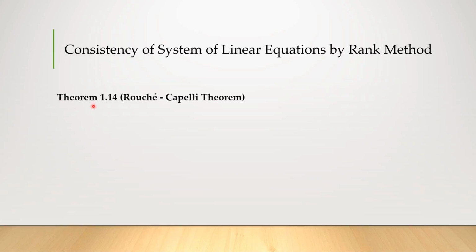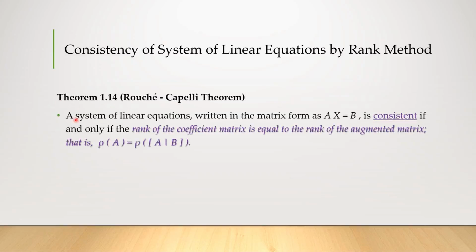Here we have one theorem, the Rouché-Capelli theorem. The theorem says a system of linear equations written in the matrix form as AX equal to B, where, as we already learned, A is the coefficient matrix, X is the variable matrix, and B is the constant matrix, is consistent if and only if the rank of the coefficient matrix, that is the rank of A, is equal to the rank of the augmented matrix.